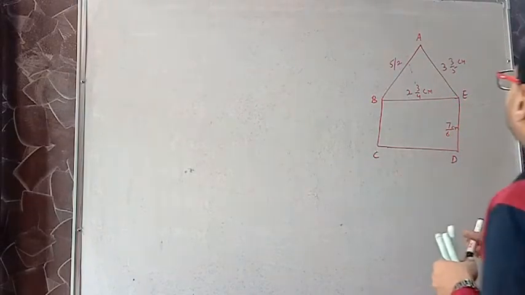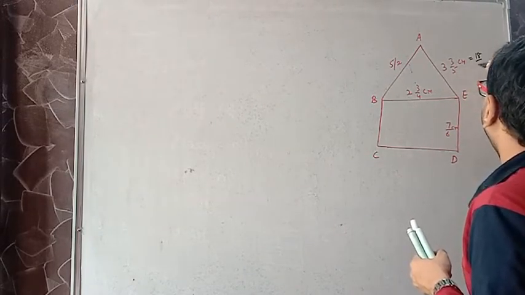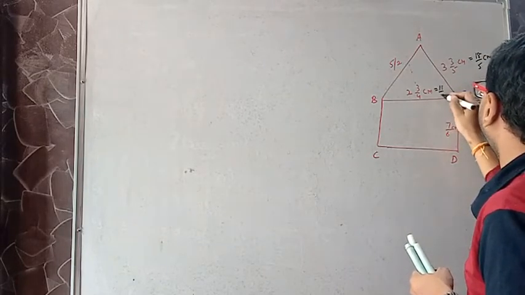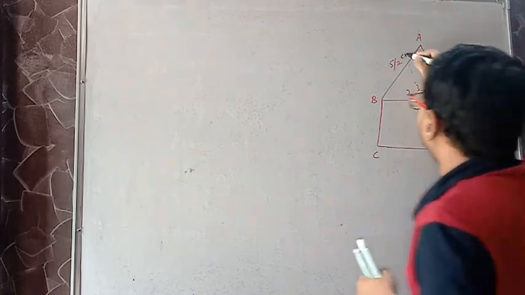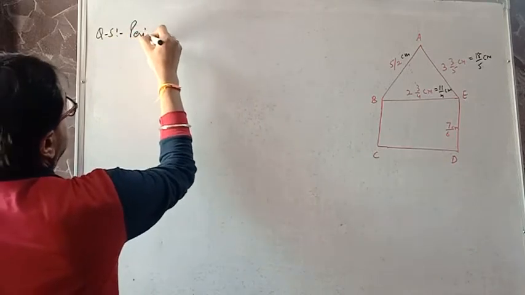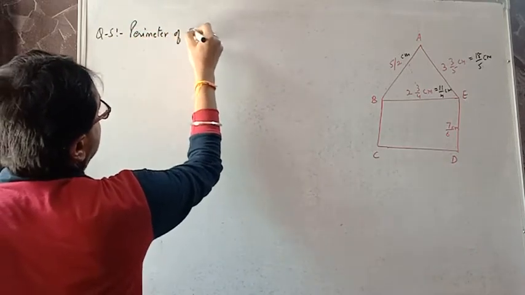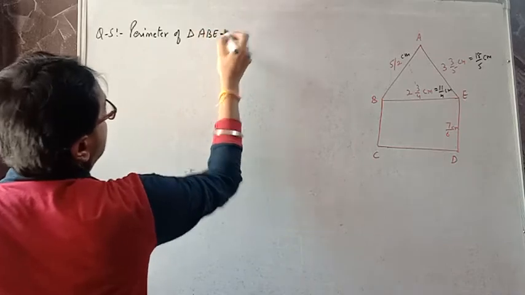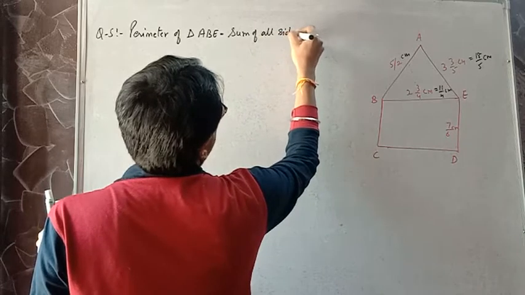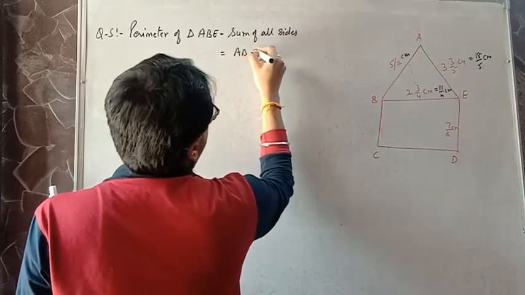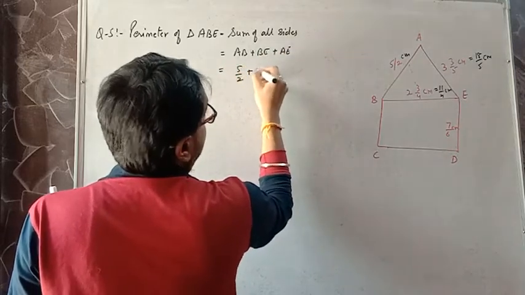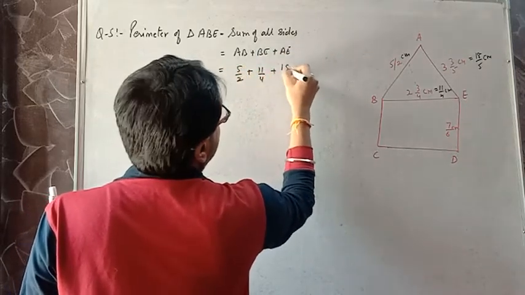First of all, we have to convert the mixed fractions: that becomes 18 by 5, I am doing directly, and this becomes 11 by 4 centimeter. Now, the perimeter of a triangle, simple question. Perimeter of triangle ABE is equal to the sum of all sides, that is AB plus BE plus AE, that is 5 by 2 plus 11 by 4 plus 18 by 5.